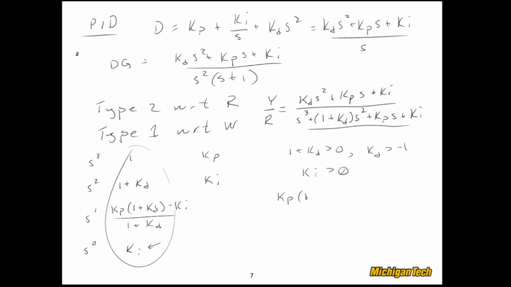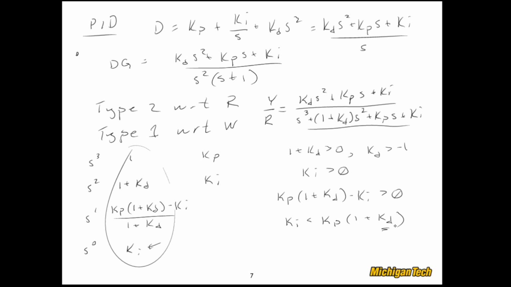Okay. So now we can just look at this. Kp times (1 plus Kd) minus Ki greater than 0. Let's look at it from the Ki perspective. What this says is that Ki has to be less than the quantity Kp times (1 plus Kd). Now this is very similar to what we had on the previous page.